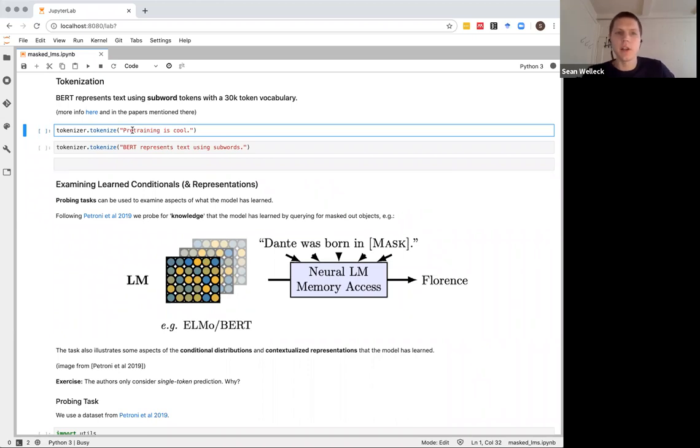And the vocabulary might actually represent a single word as different chunks. So here, for example, "pre-training" might end up being represented as a token for "pre", and then a token for "training". And so this allows the model to build up different representations at a granularity that's more fine-grained than just words. Okay, so that's called subwords.